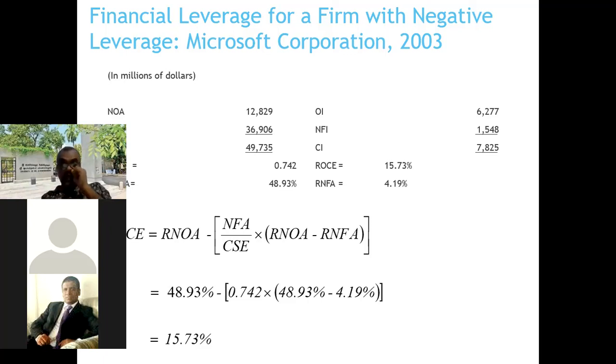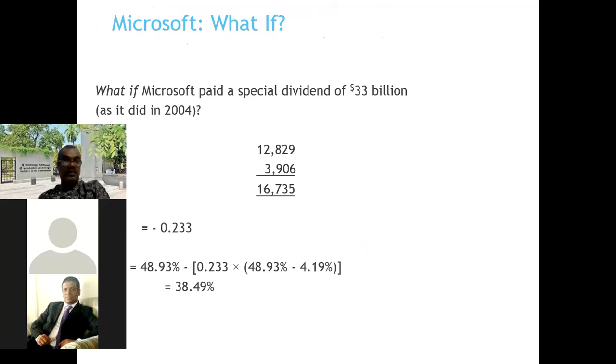Negative spread. That is the reason why ROCE was highly impaired in a situation where the company had an ability of generating $48 for $100 worth of assets. Even the leverage was just 0.74%.